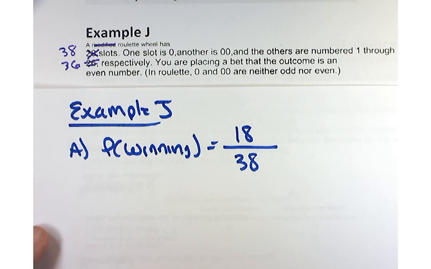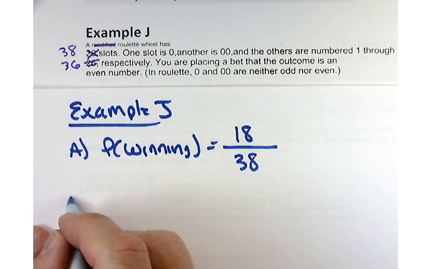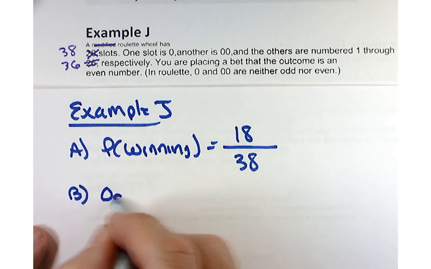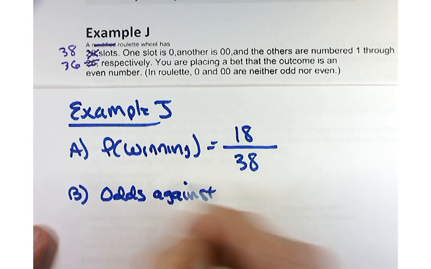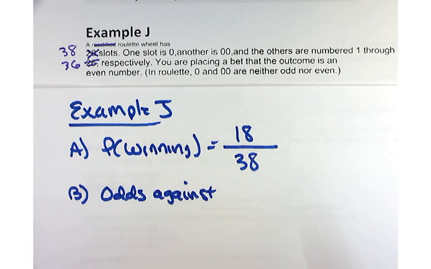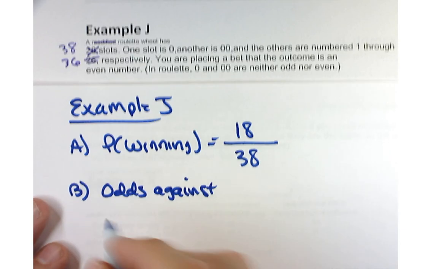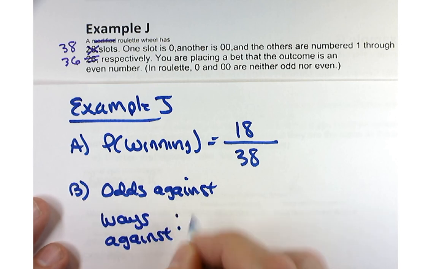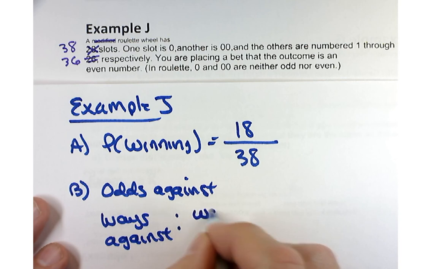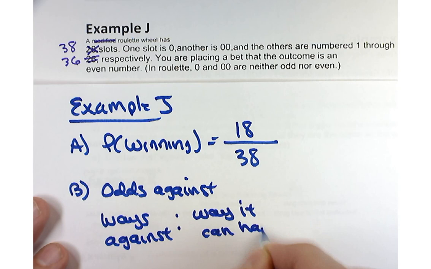What are the odds against winning? So, odds against. And for that one, you've got to kind of tear into your probability above just a little bit. Odds against are the number of ways against something, colon, the number of ways it can happen.